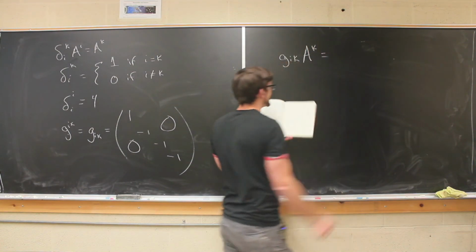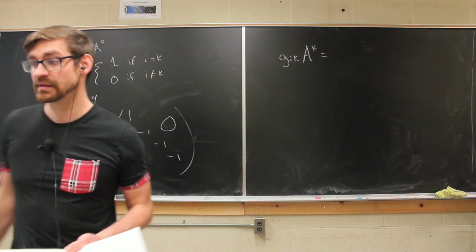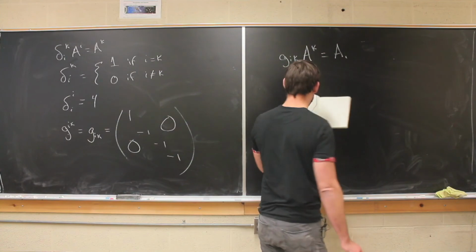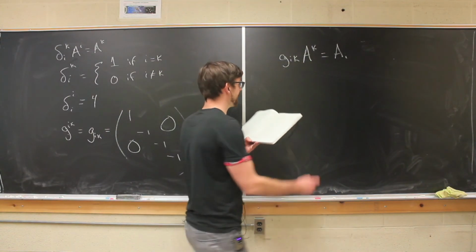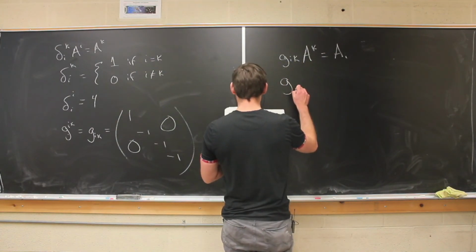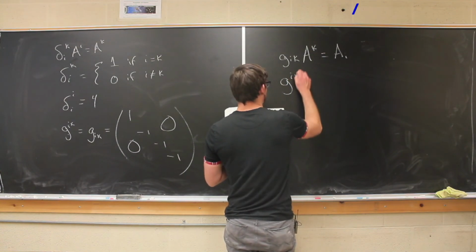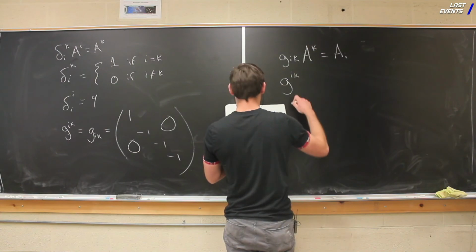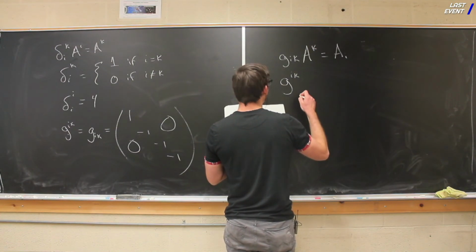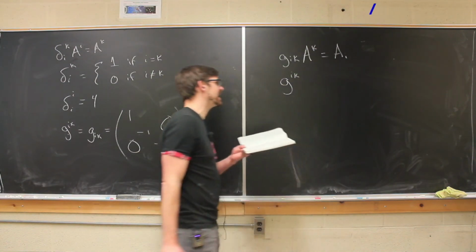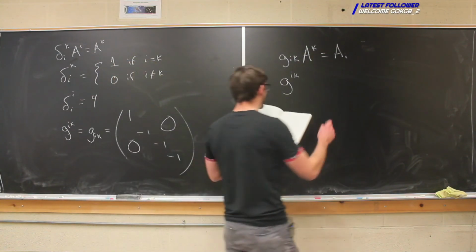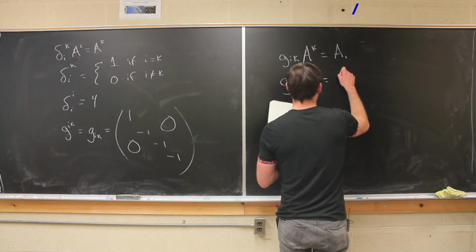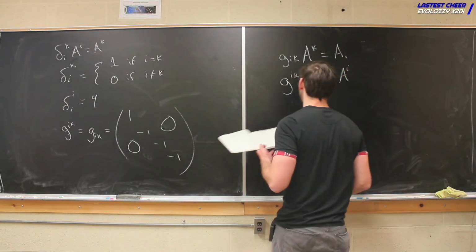You contract the k's, and what's left over but an i downstairs, A_i. Again, I might have said tensors, but I mean vectors. It works both ways, as we're going to see. If we start with g^ik upstairs and A_k downstairs, the k's will again contract and we get A^i.